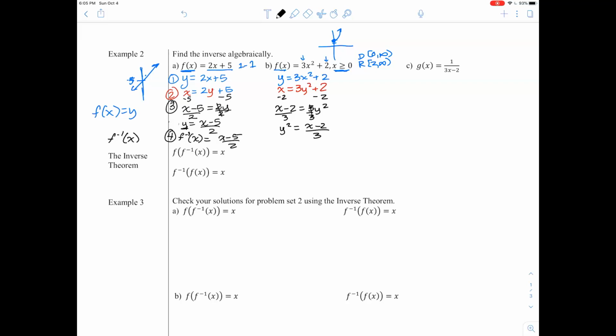And now to isolate y, what's important here is this y squared. For a function to be one-to-one and have an inverse, you have to be able to solve it for y equals, and this says y squared equals. So we're going to have to take the square root of y squared and the plus and minus square root of (x minus 2) over 3.